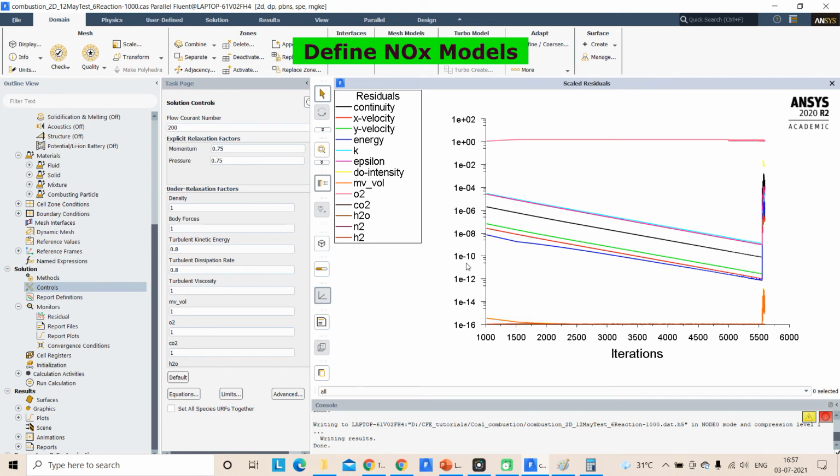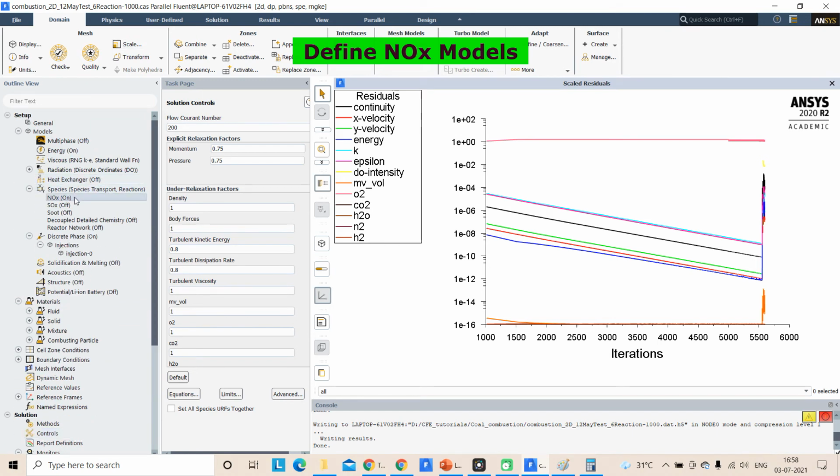Hence, it is important that all combustion should be properly resolved and all heat fluxes should be converged, so that the maximum temperature in the combustion chamber will be correct. If the temperature is correct and the concentration of the species is correct, then the NOx modeling will be correct.